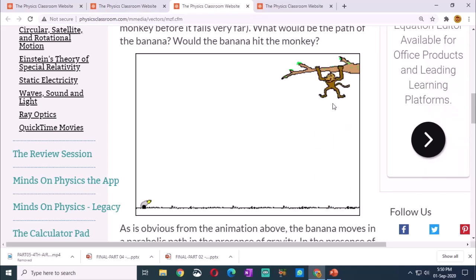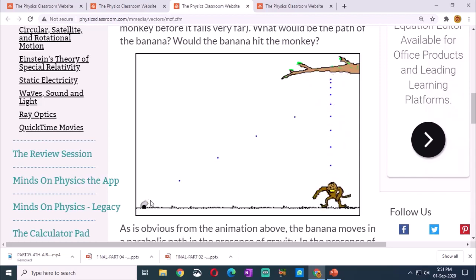It is hitting the monkey here only, close to the limb, because we are throwing it with fast speed. If we hit with more speed, it may hit here only, still somewhat upside. But we have to aim at the monkey. Gravity acts on the monkey and banana in the same way, so it will hit the monkey.